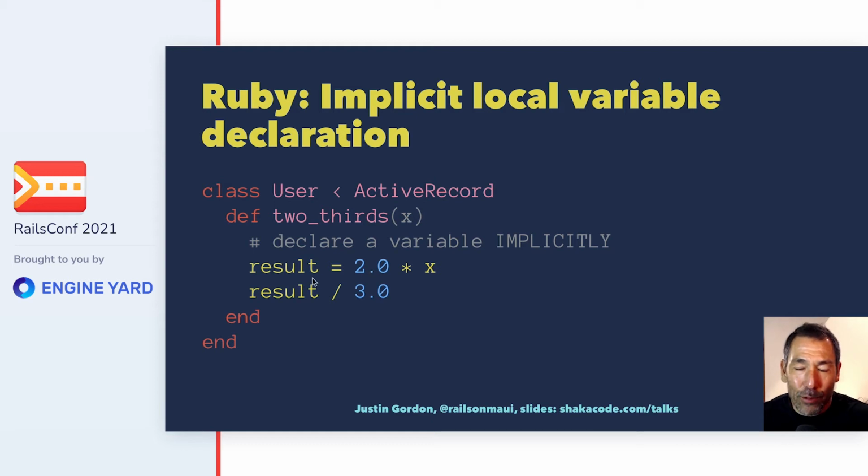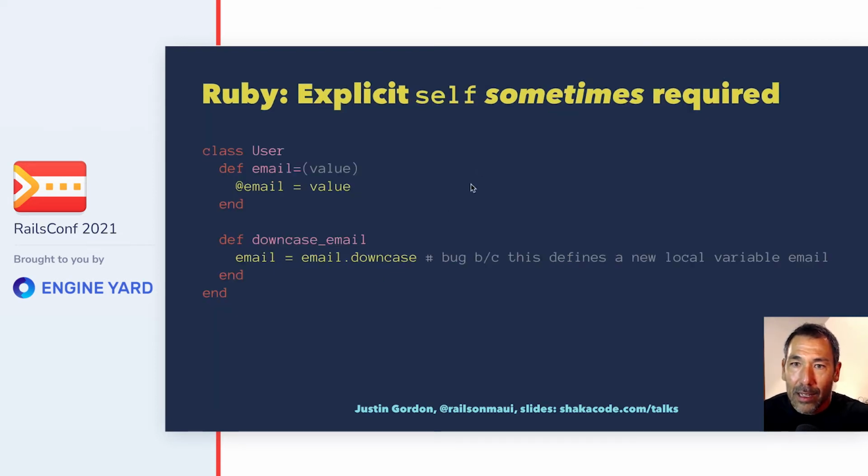When we say result equals, a variable is being declared, because implicitly declaring a variable takes precedence over a method, say, result equals. So if you say result equals, you're making a variable there. So sometimes you have to have the explicit self.